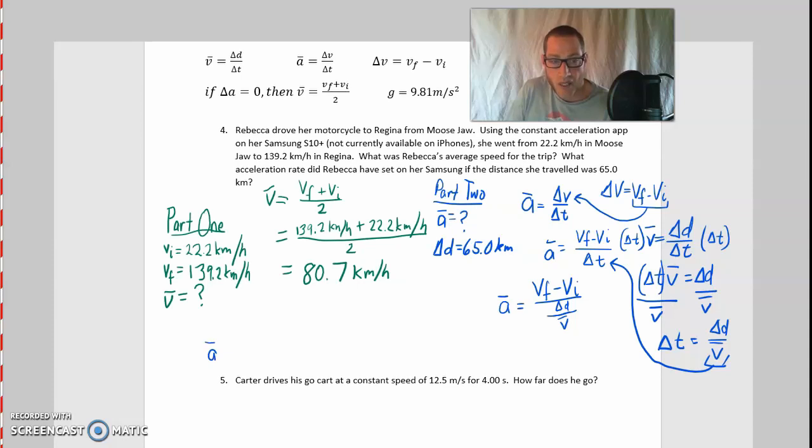A bar is equal to VF minus VI, all divided by delta D over V bar.